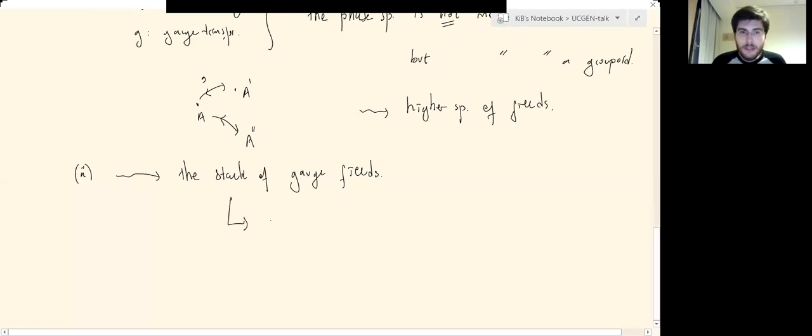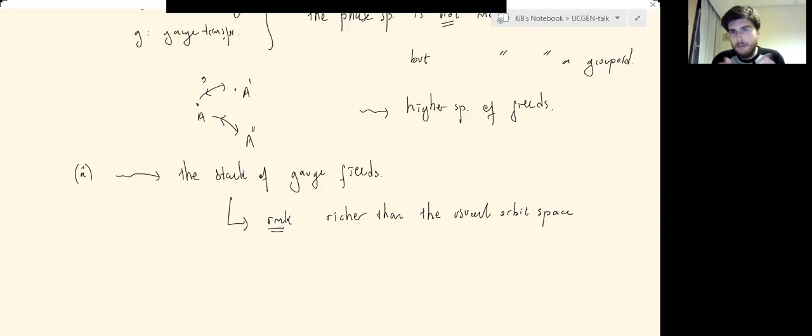And actually, this is a little bit richer than the usual orbit space. Maybe a remark. This thing is richer than the usual orbit space, I mean, just the quotient space, right? Why? What is the difference? What is new here? Now we just indicate which of the gauge fields are gauge equivalent. Okay, fine. This is actually what an orbit space does as well, no problem.